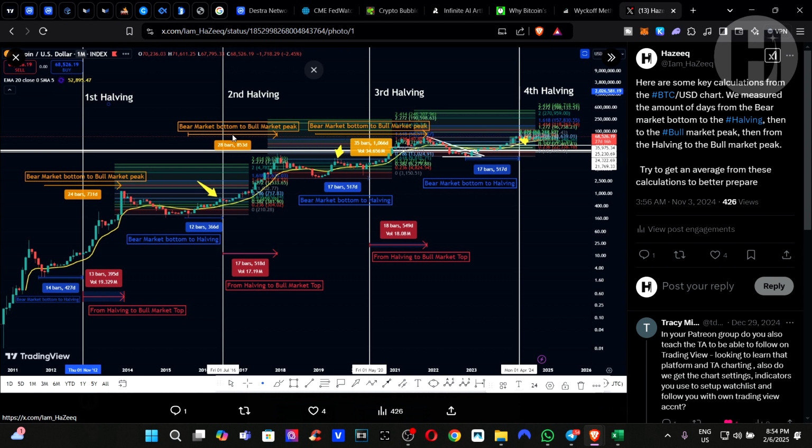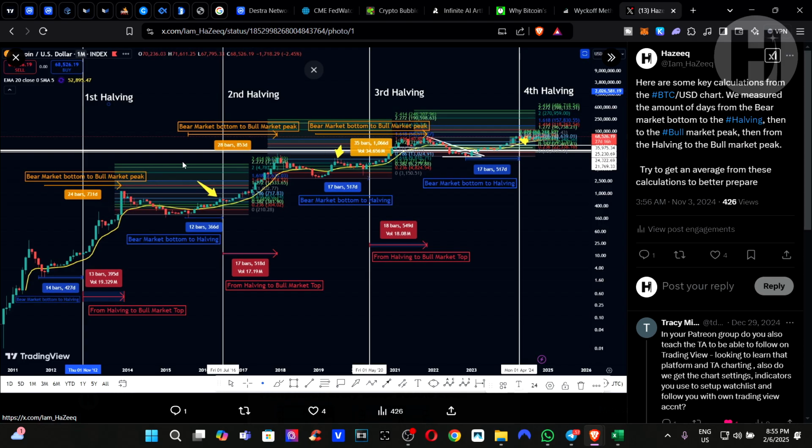So every single time from the bear market bottom to the bull market peak, it was either 731 days, 853 days, and we had 1,066 days. And this was from the 2018 bear market bottom and the 2021 bull market top. So this was actually the longest period of time.